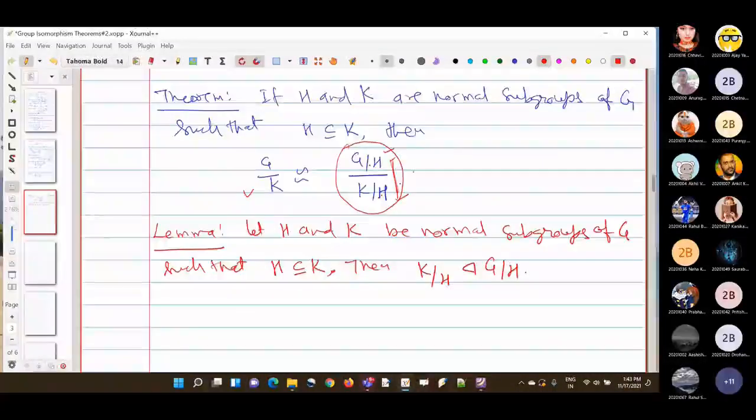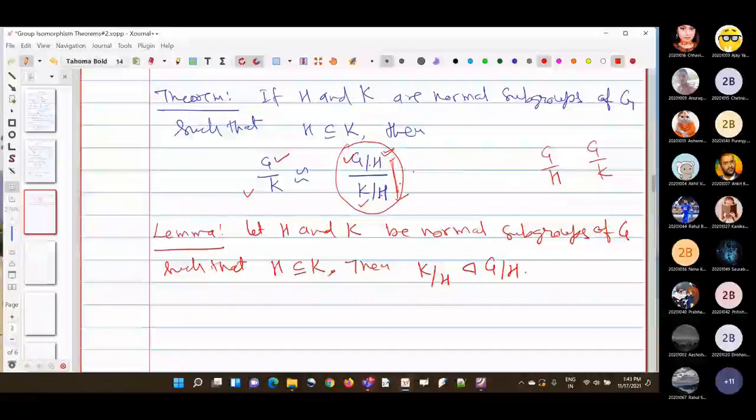Of course, because H and K are normal in G, we can talk about G by H. We can talk about this, and K is also normal in G, so we can talk about G by K. So these two are done. And K by H, because H is contained in K and both are normal in G, this is also well defined.